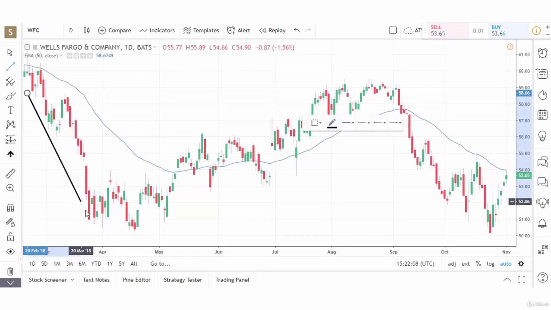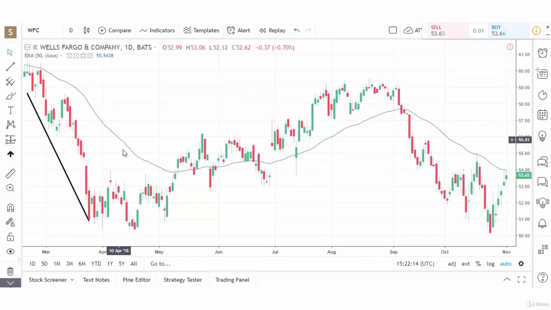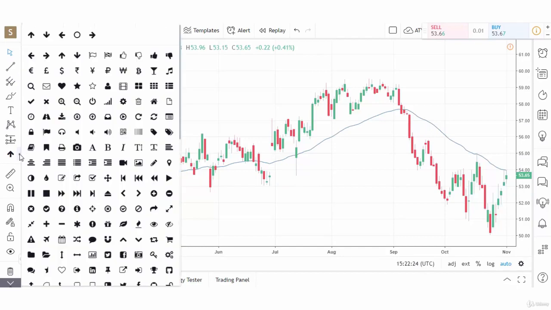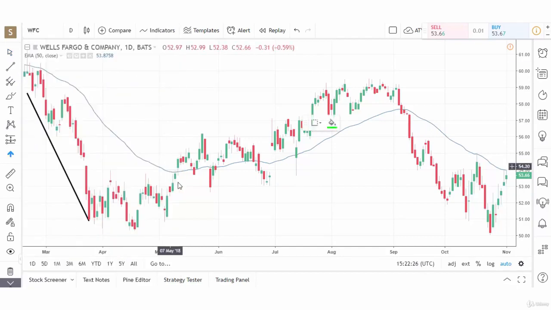I'll add a downtrend line here. And it's below the EMA. So we'll use the EMA as our support and resistance level. When the stock moves above the EMA, as it does here, we would get long the stock.